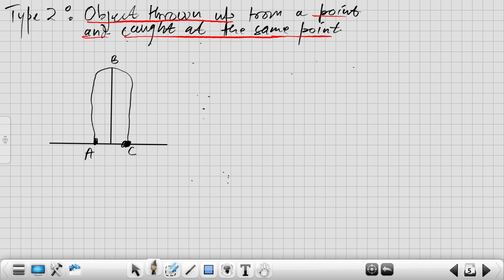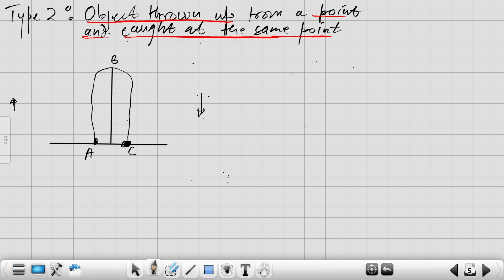I have motion from A to B, which in this case is an upward motion. And I have a motion from B to C, which is the downward motion.